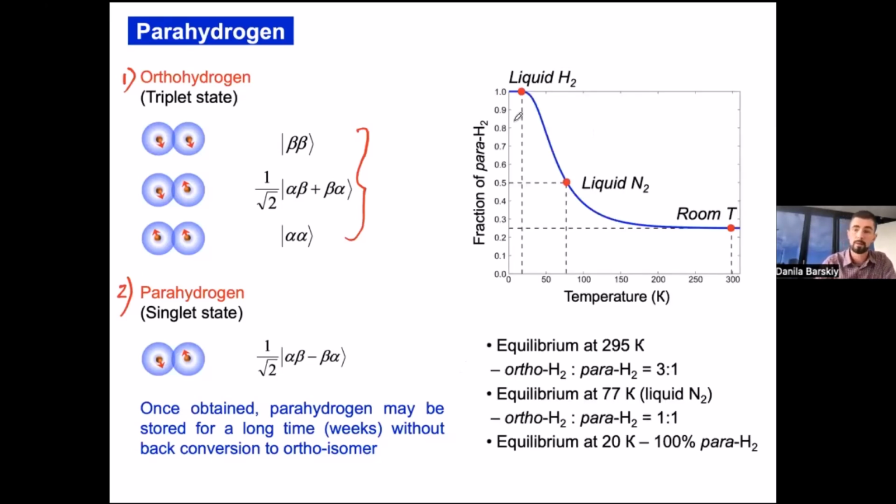So why does it work like that? It turns out that hydrogen is a very small molecule, and nuclear spin states are connected to rotational energy states.